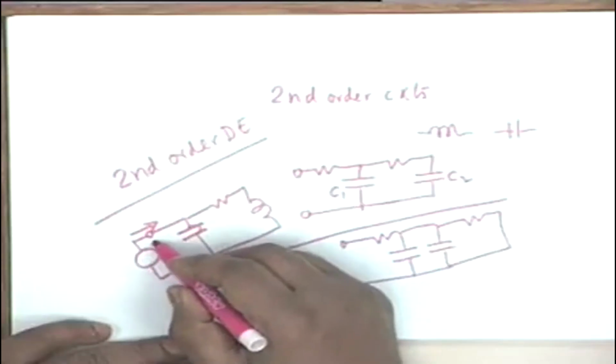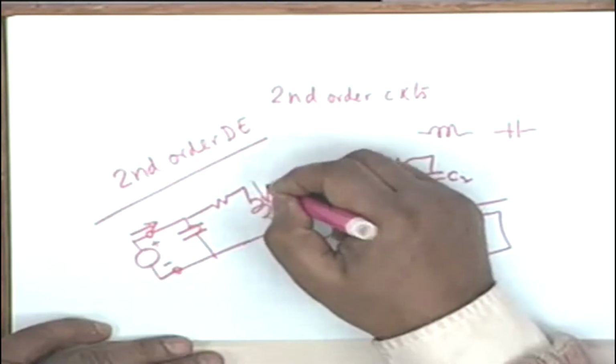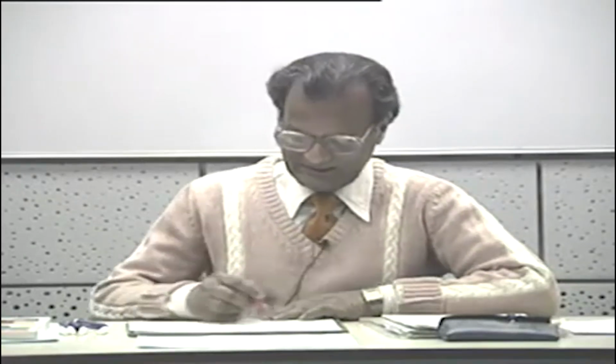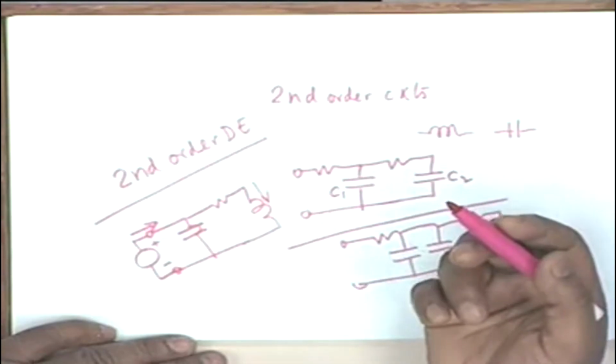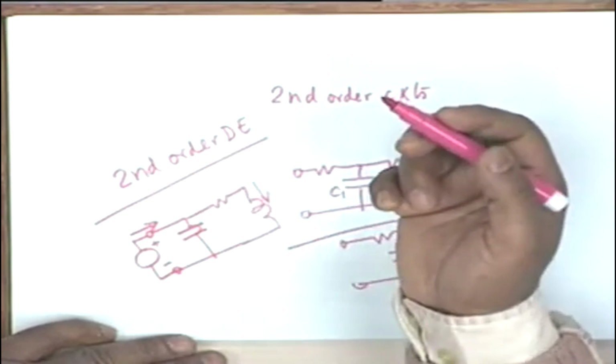If there is a voltage source here, all right, and you want to find out the current here, okay, in this circuit, then the response that you get essentially is that of a first order circuit. Why? Because for a voltage source, whatever you connect here, it doesn't matter. All right. So you must also see how the source is connected.